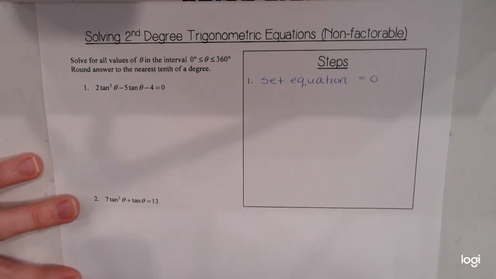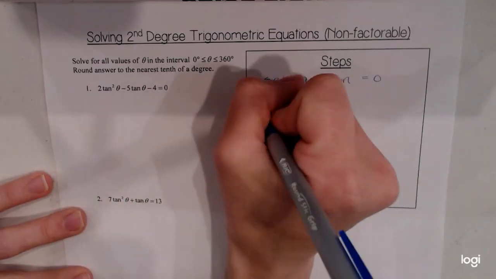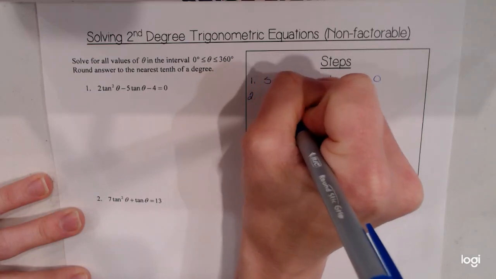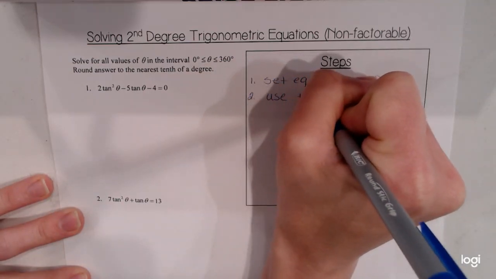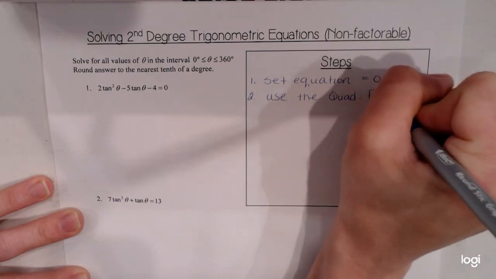So now when we did the quadratic formula, it was always x equals negative b plus or minus the square root. Here, we're not solving for x, we are trying to get the trig function by itself. So I'm going to write down here as our step number 2 is to use the quadratic formula.